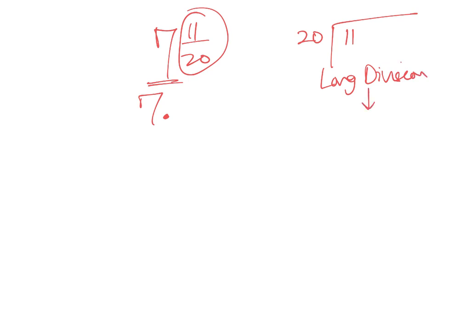And using long division, this would be 0.55. That was just the 11 over 20 that we were trying to work on. And that will lead us to 7.55 as the answer to that particular problem.